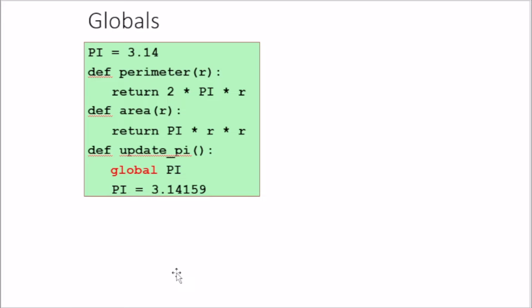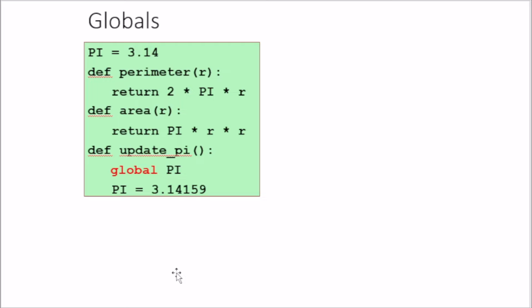Here we have a variable pi which we have defined as a global whose value is 3.14. Then we have defined a perimeter function that prints 2 into pi into r. Then we have defined one more function, area, which returns pi into r squared.